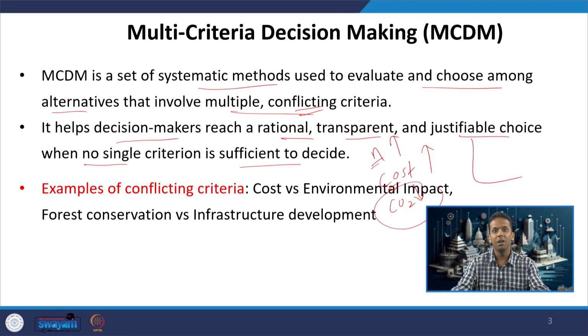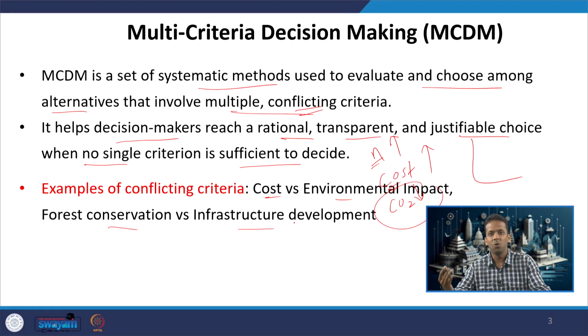Okay, so there are multiple criteria based on the parent's preference. So you see, as soon as the decision maker changes for the same problem, the criteria would change, the preferences to those criteria would also change. Okay, and most of the time lot of criteria would be conflicting type, like I said, cost versus environmental impact, forest conservation versus infrastructure development.